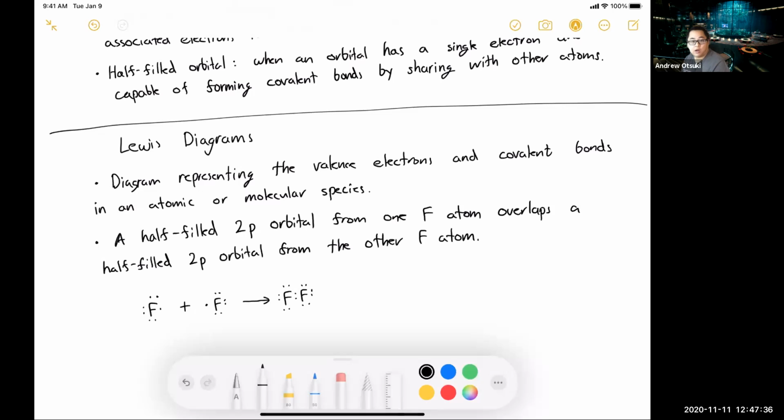So then we could write, show the chemical bond as a line, or we can just write the fluorine atoms as FF. Any 3 of those notations is okay with me at this level.